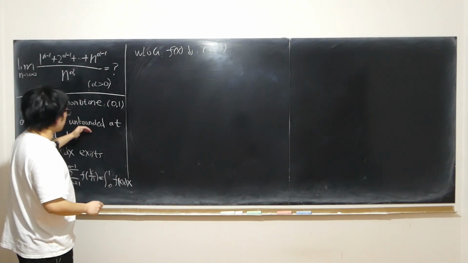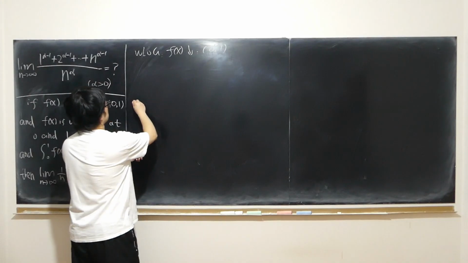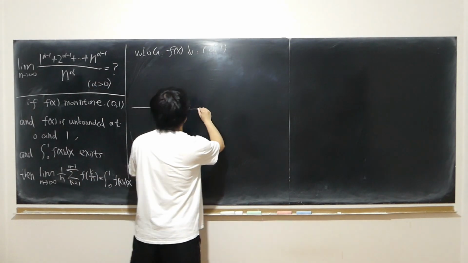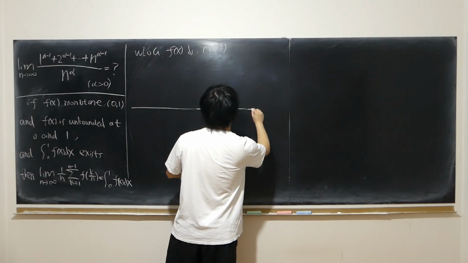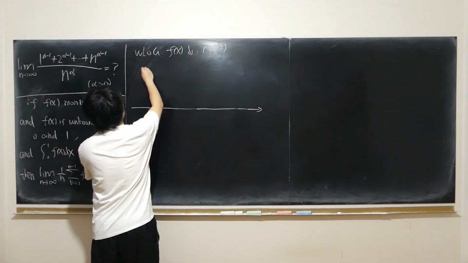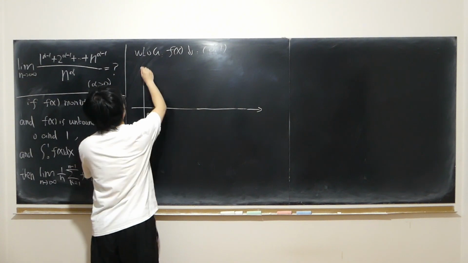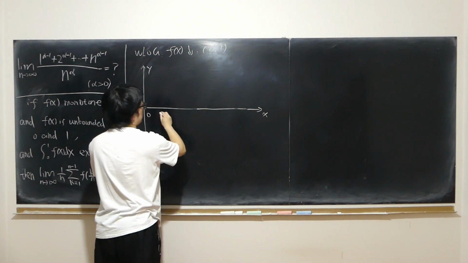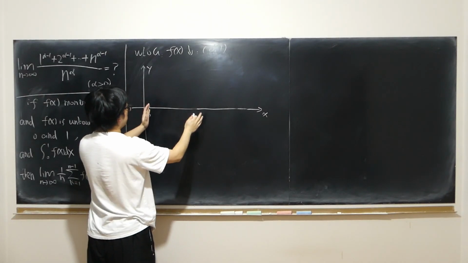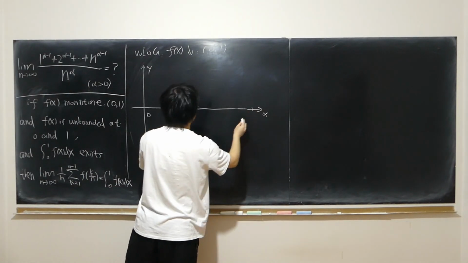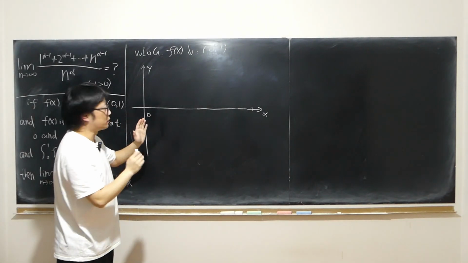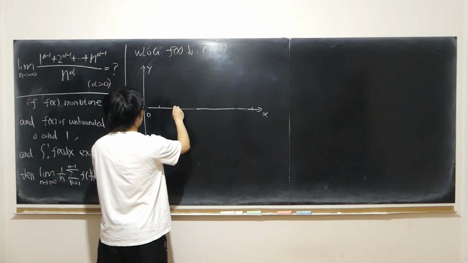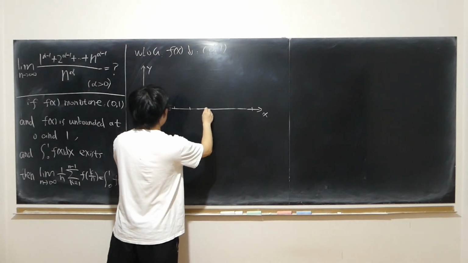It's also unbounded. So if I can sketch the graph roughly, imagine I'm partitioning the 0 to 1 interval very, very densely. Even though I draw it big, just so you know that it's very dense.